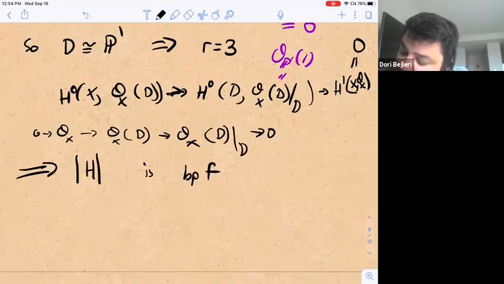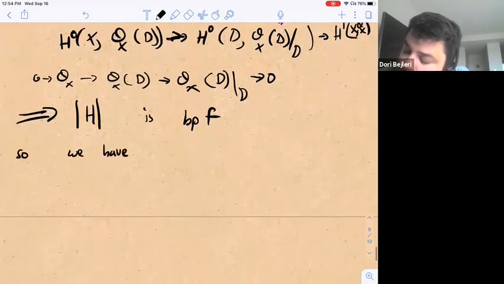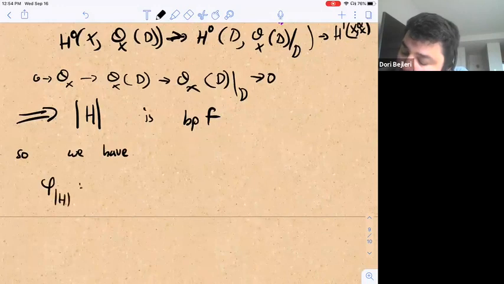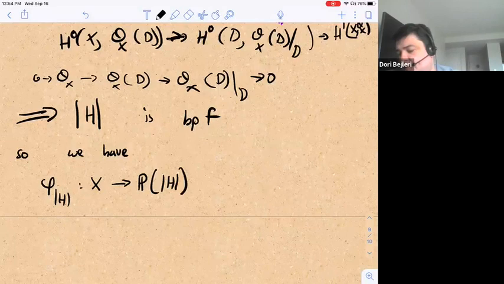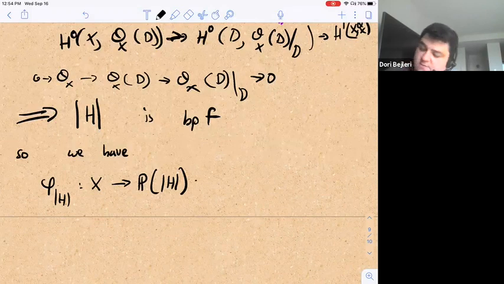So we have a map like that. And now we want to argue that this is actually P2.